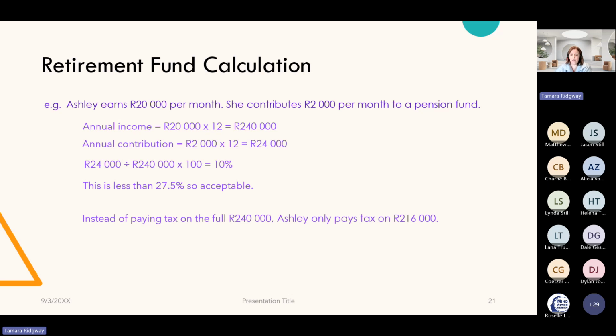Instead of paying tax on the full 240,000 Rand, her annual income, Ashley only pays tax on 216,000 Rand. You could have, of course, worked out what 27.5% of the 240,000 Rand is and just compared that to the 24,000, either way.